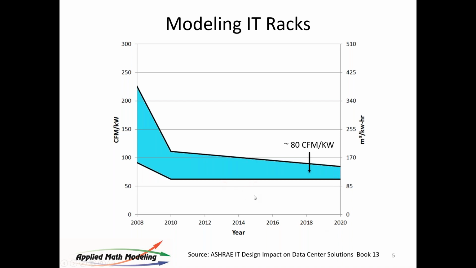That costs money because, of course, the fan consumes quite a bit of power. It is cubic in nature in terms of its power consumption as a function of RPM. So there's been a drive to push these down by getting better heat transfer out of the package itself. And that has resulted in a decline of flow rate per kilowatt.